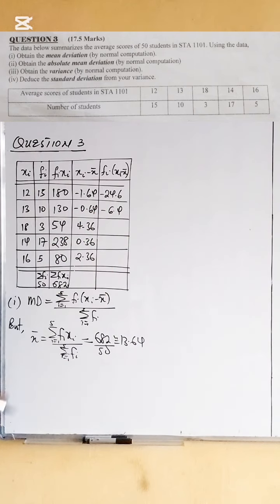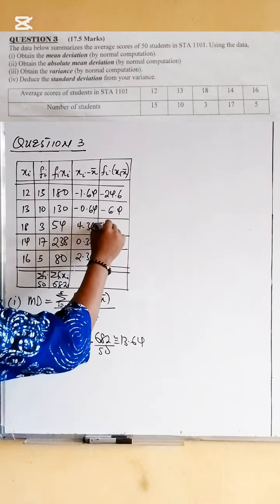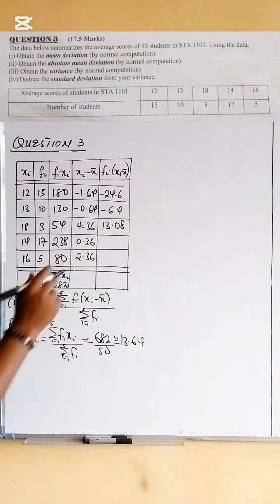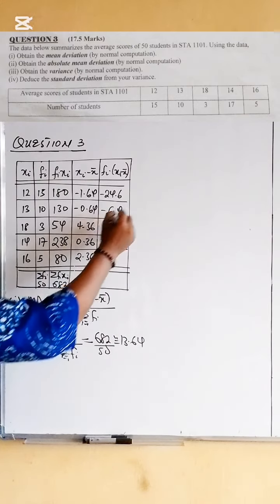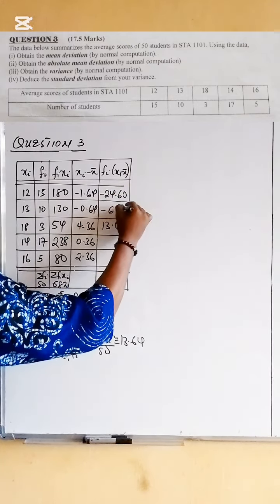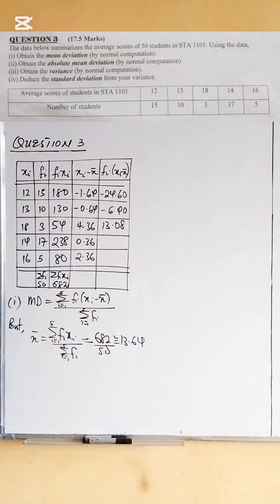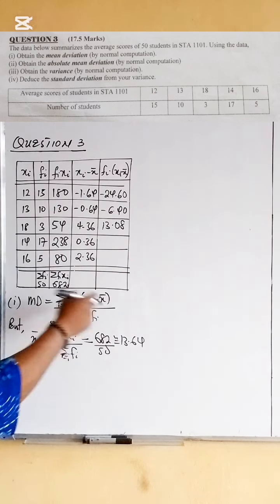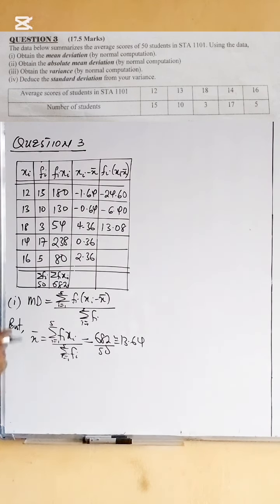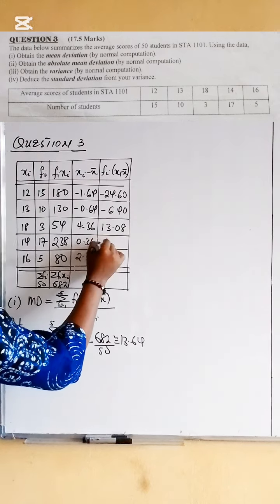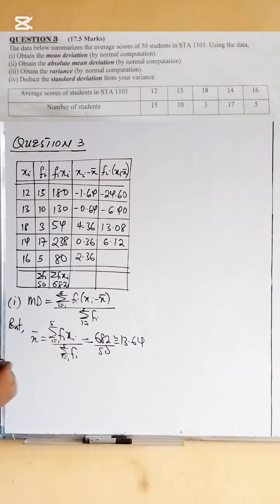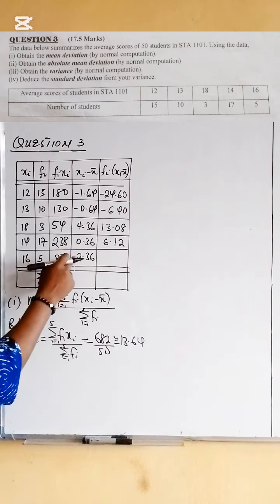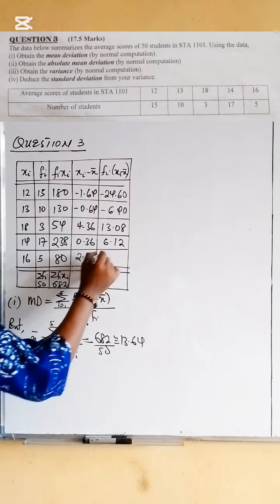Then 3 times 4.36 gives 13.08. Now note that once you get a result in two decimal places, you would have to add a 0 here to your previous result to make everything along a column uniform. Then 17 times 0.36 gives 6.12. Then comes 5 times 2.36.